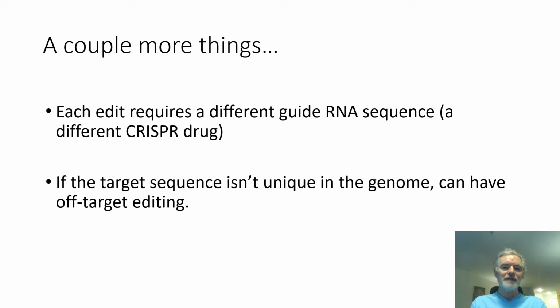And therefore, that's going to require a different version of CRISPR, or a different CRISPR drug, if you will, in order to make that particular change in DNA. And so that becomes a significant issue in a genetic disease where there isn't one very common mutation where a large percentage of the people who have that disease have that particular spelling error in their DNA.